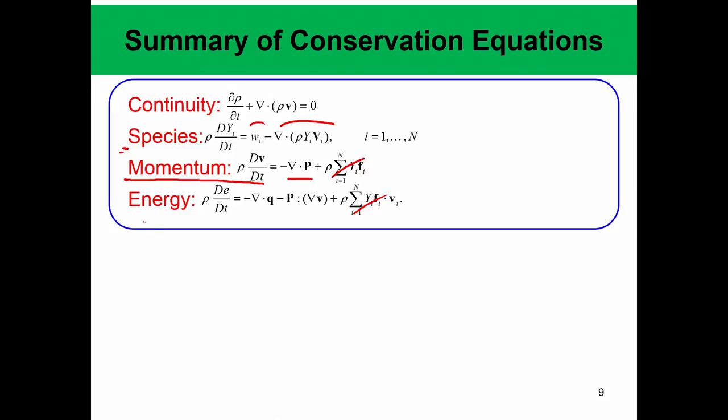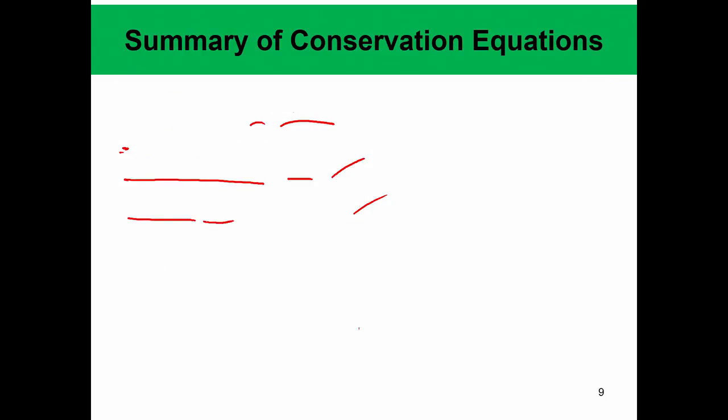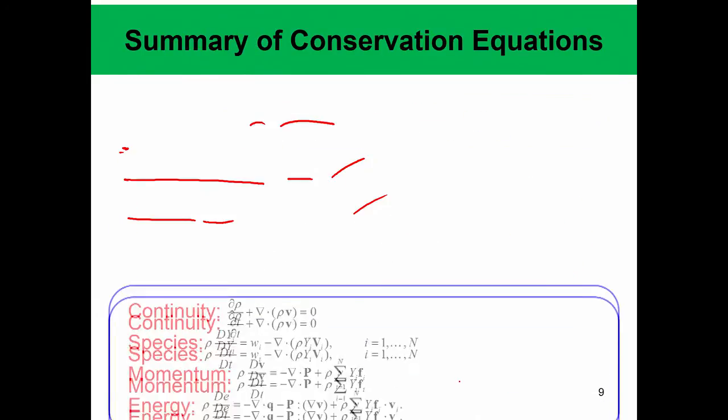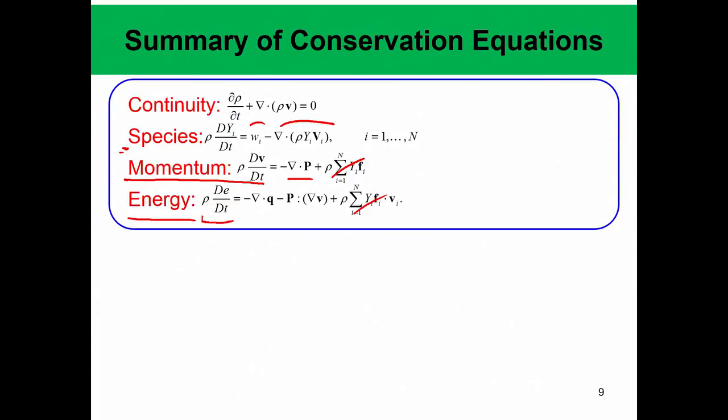And in terms of energy, we will see that the total internal energy, the specific internal energy, will be changed. Here we can take the dot product of the momentum equation and subtract it from this equation, and we arrive at an energy equation purely for specific internal energy, and that is what we have done here.